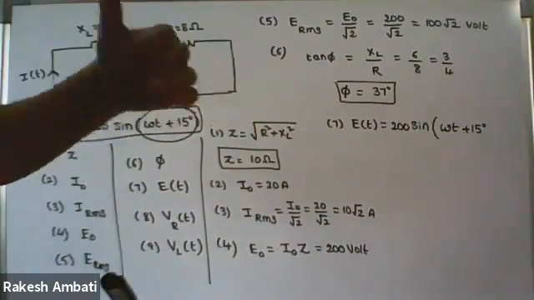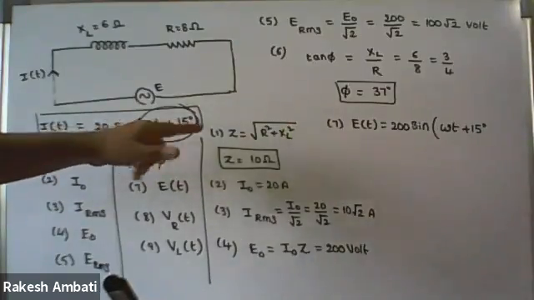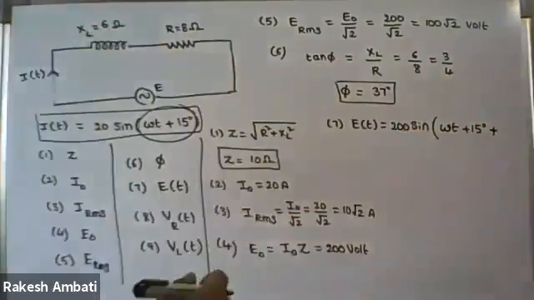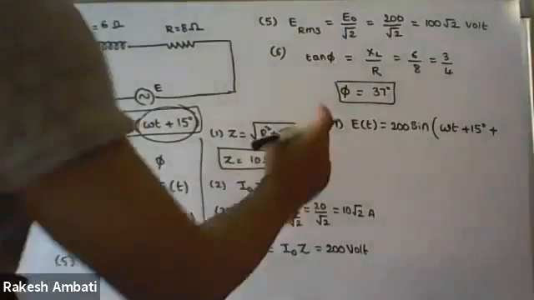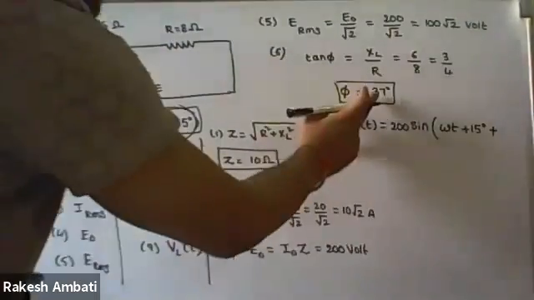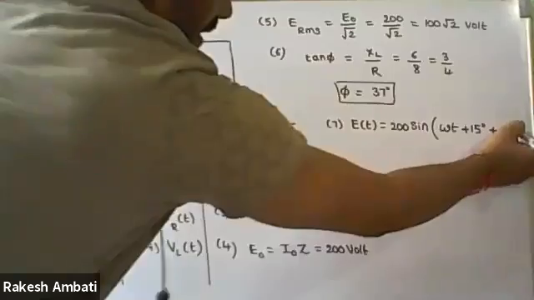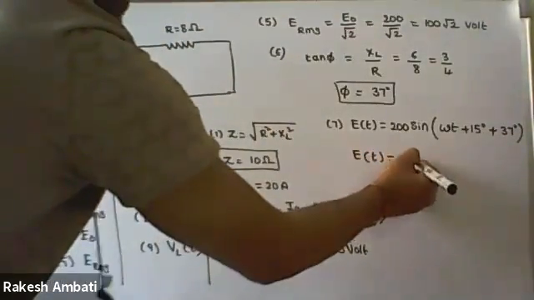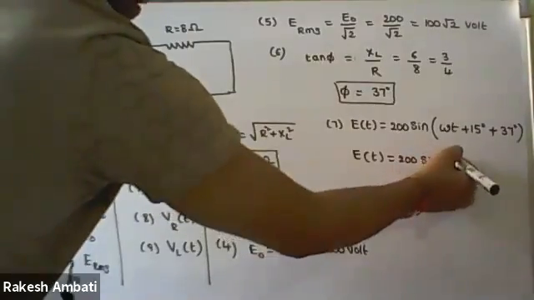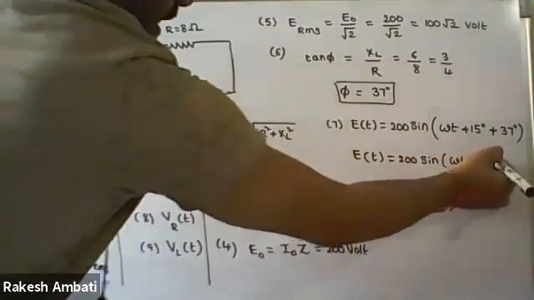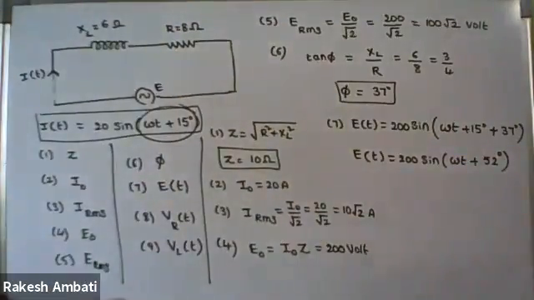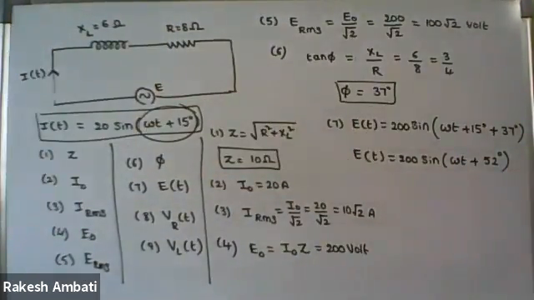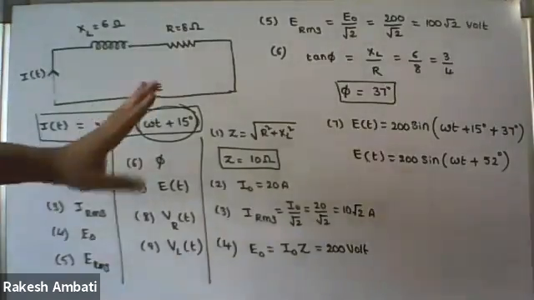In an LR circuit, with respect to current, does EMF lead or lag? It leads, by 37 degrees. Therefore, E of t equals 200 sine function of omega t plus 52 degrees. Is this equation clear? Yes, sir. So up to now it is very comfortable.